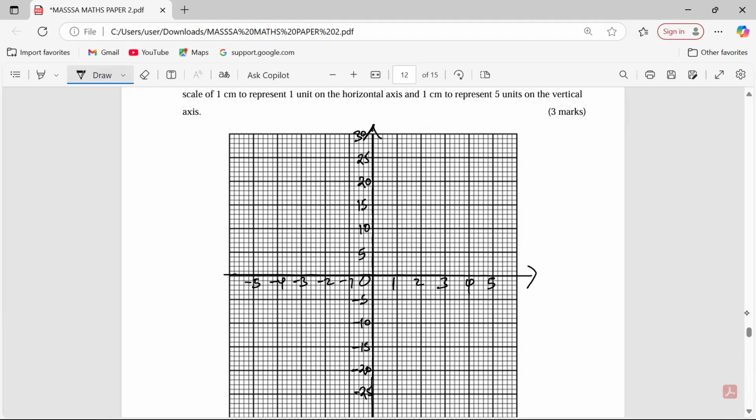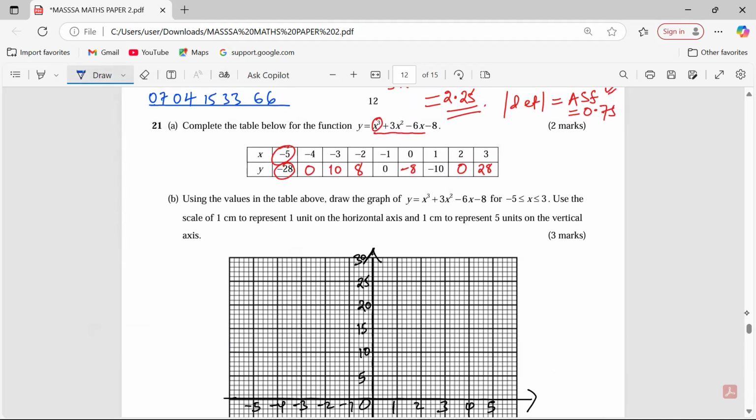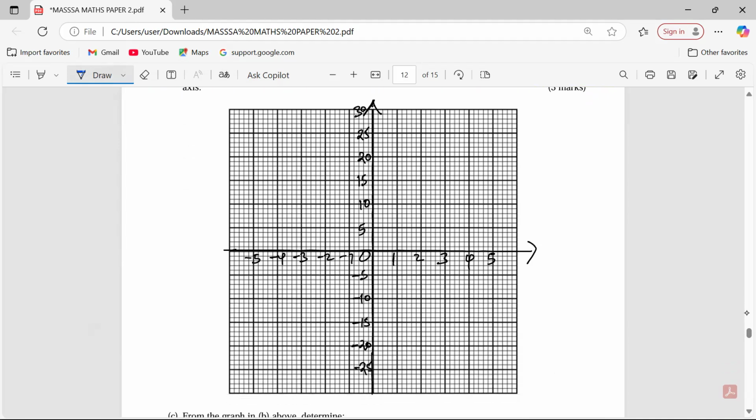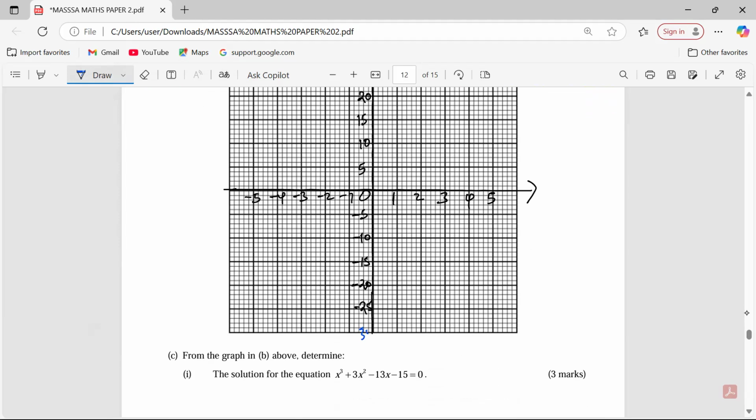Let's now do some plotting, whereby the first coordinate is -5, -28. So -5, this is 30, so -5, -28, after 25, 26, 27, 28. So that's where it's going to be.